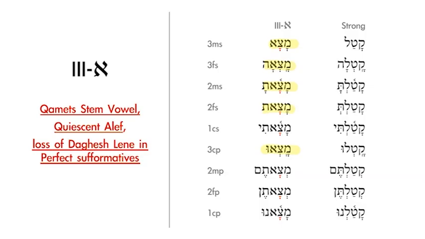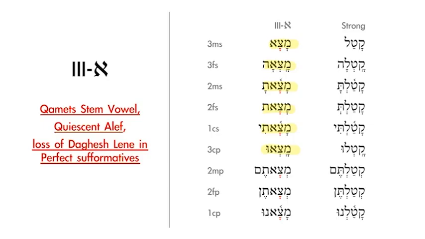You'll also observe that because the Aleph has quiesced, the afformatives are now preceded by a vowel sound, and so the Dagesh Lene that you would normally see in the perfect affirmative has dropped out. So it's no longer the hard T, but the soft T, as in the 1CS matsathi. The hard T is gone, and the Dagesh Lene has dropped out because of the quiescent Aleph, and the T is now preceded by the vowel sound.